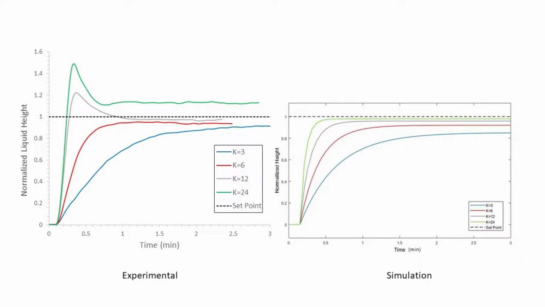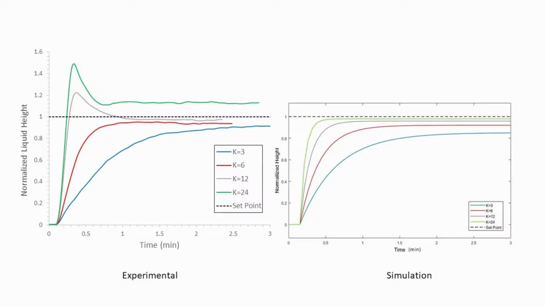These figures show the results from both the experimental and simulation studies on the proportional control of the liquid level system. It is clear from these figures that the simulation study pictured on the right has no overshoot when controlling the system.